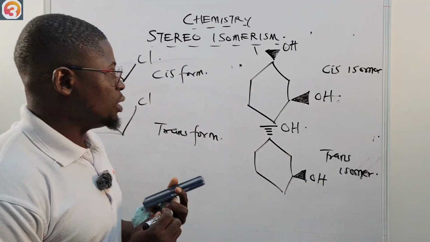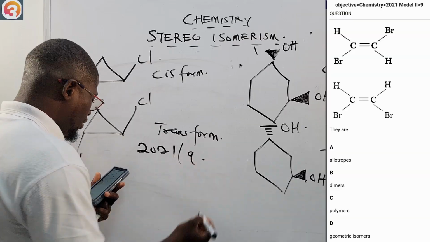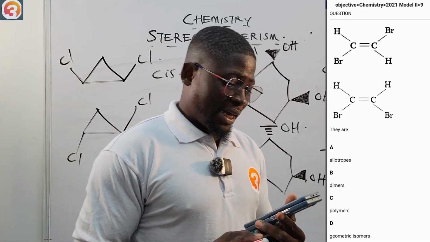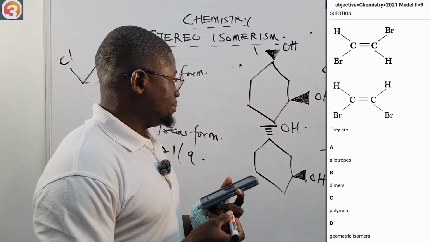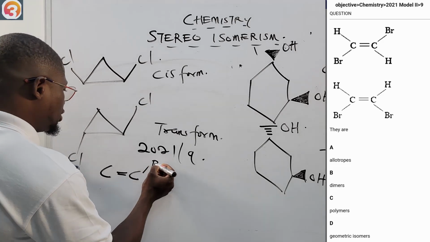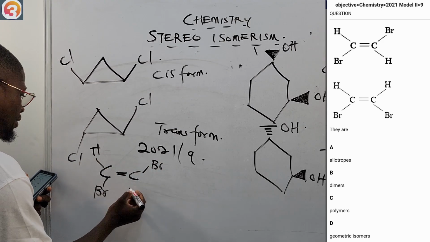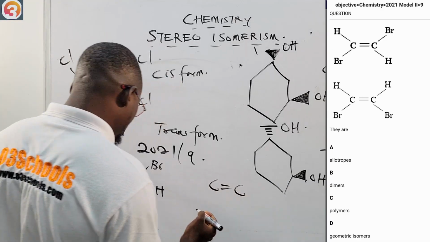Now let us see another question. This is a 2021 question, number 9. You are seeing the structures on the board. Let me draw them. We have C double bonded to C. On the first, we have bromine, hydrogen, bromine, hydrogen. Then the second structure, carbon bonded to carbon, double bonded to carbon.